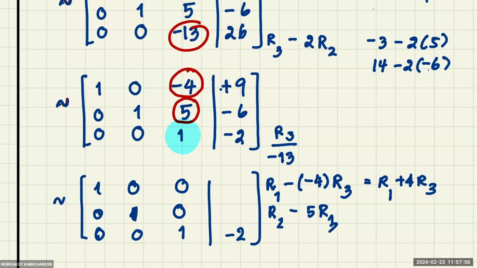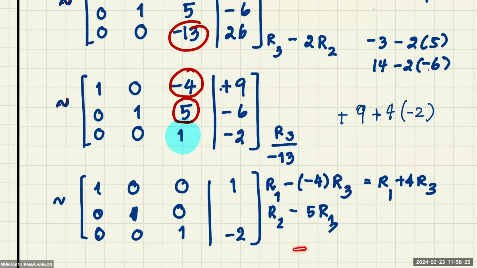Okay, so what do you have? Minus 9 plus 9 plus 4 times negative 2, that's minus 2.